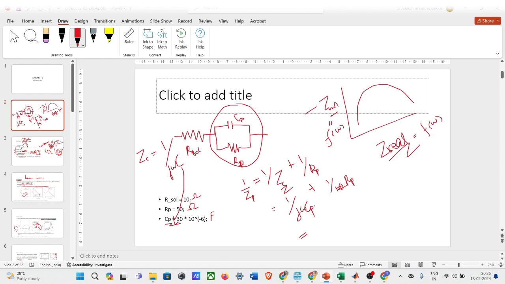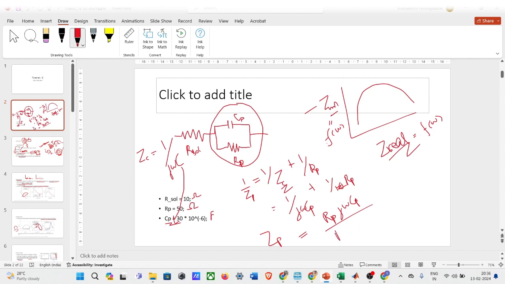You can put this as CP, RP, etc. just as variables and find out what is the impedance. That is, I'll get something like this.